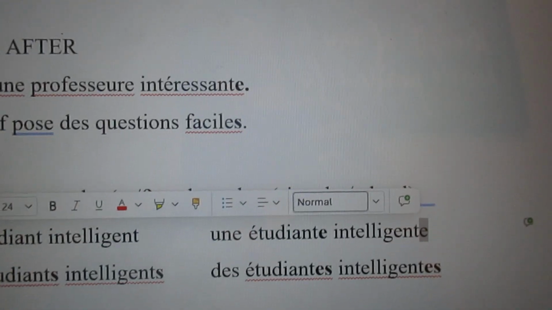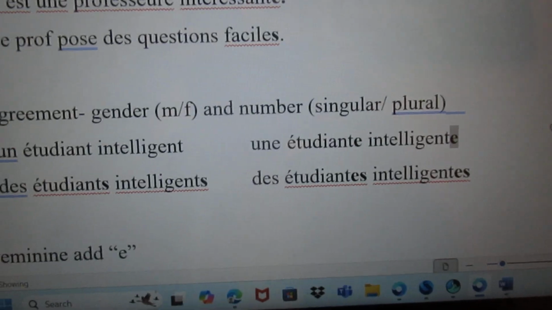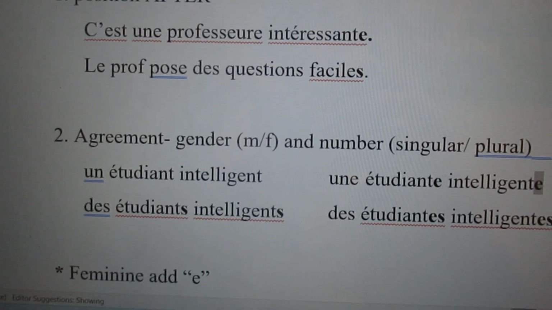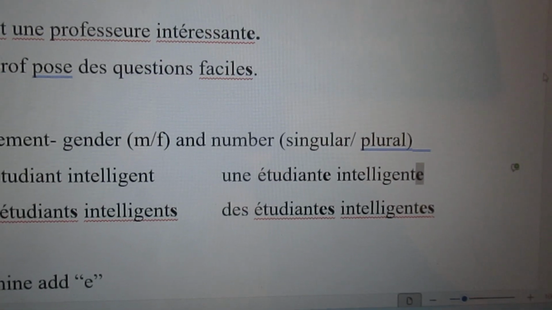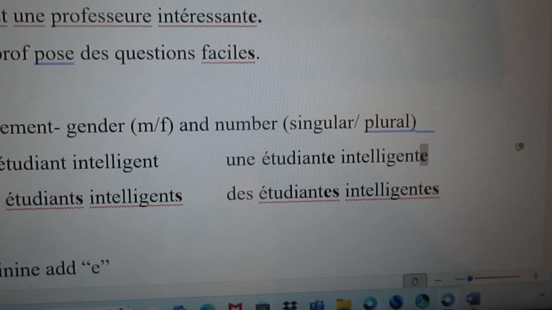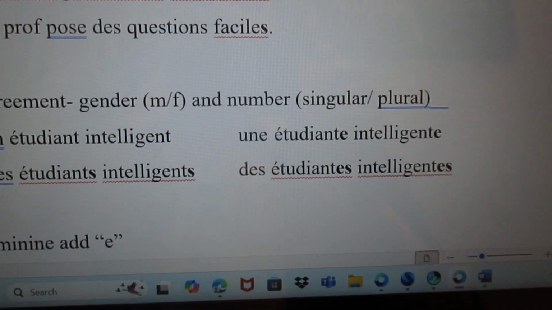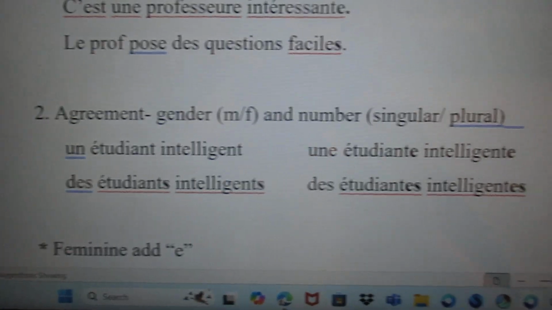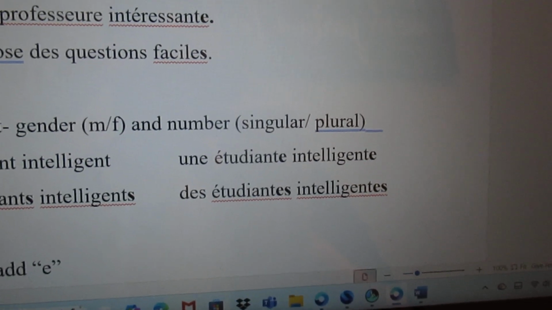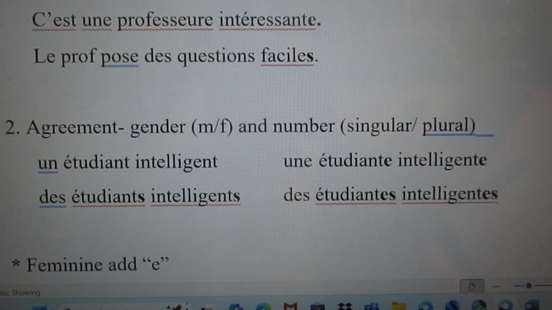So you have un étudiant intelligent, une étudiante intelligente, and I am going to hear that T because that E will make the T pronounced. So, un étudiant intelligent, une étudiante intelligente. So that's the difference between masculine and feminine.